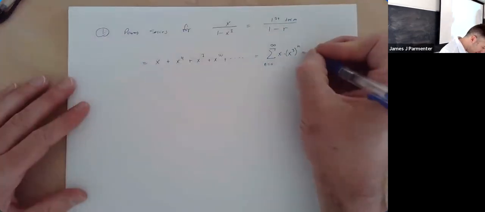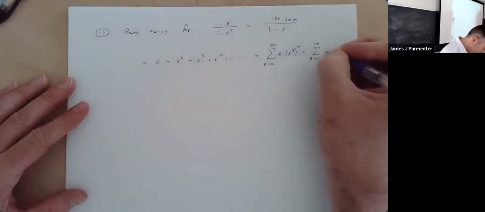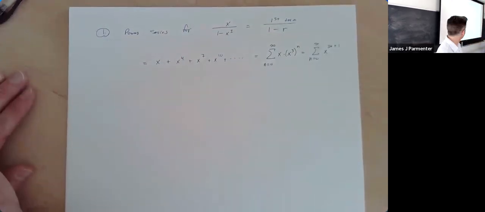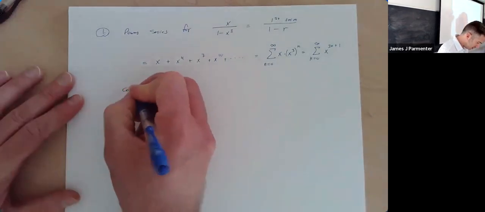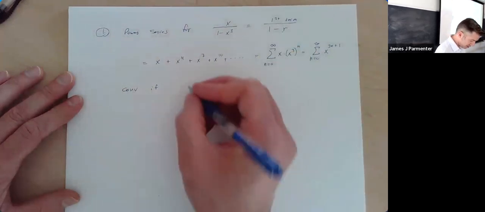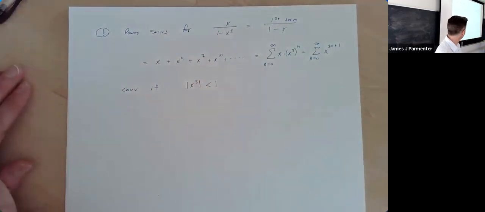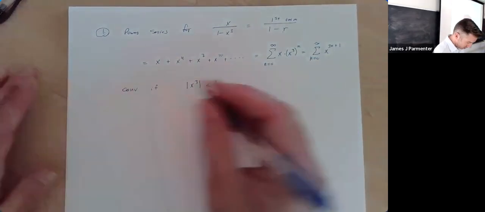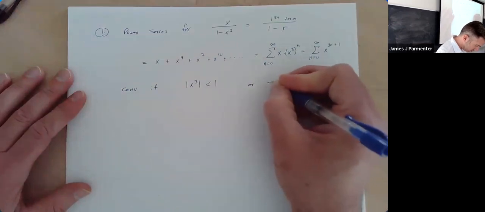And then we could simplify this and write it as the sum from n equals 0 to infinity of x to the 3n plus 1. Just like with our previous example, this converges if your ratio, which is x cubed, is between -1 and 1, which is the same result, that x is just between -1 and 1.